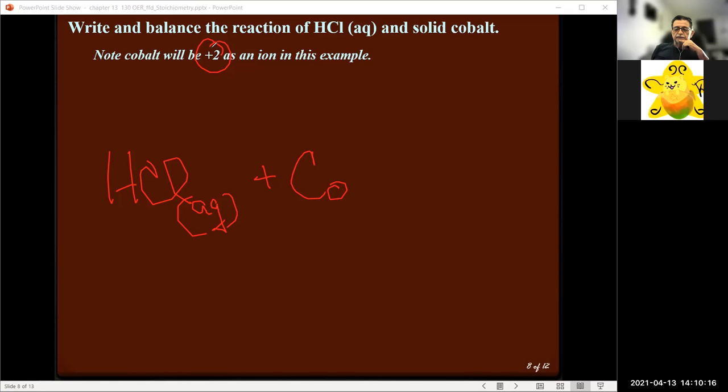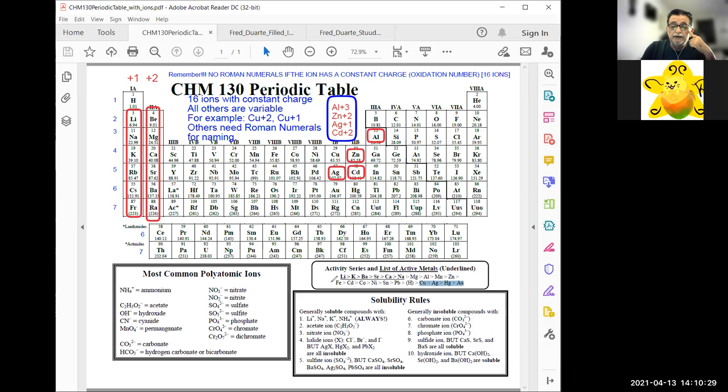Anybody want to give it a shot? Let me give you a hint. Right here, you would need the activity series. Notice cobalt is a lot more reactive.